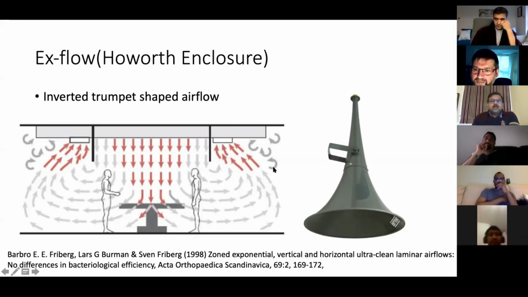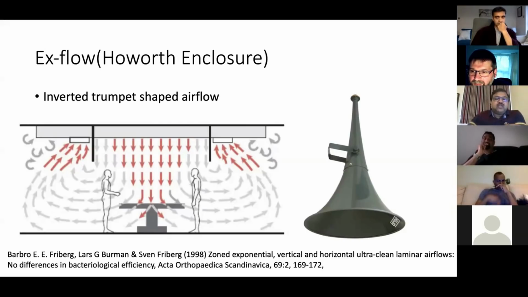So I have got this picture in front of me. The red arrows are the clean air, which are the center arrows, the arrows in the center of the diagram. These arrows denote the HEPA filtered air which comes directly onto the patient.